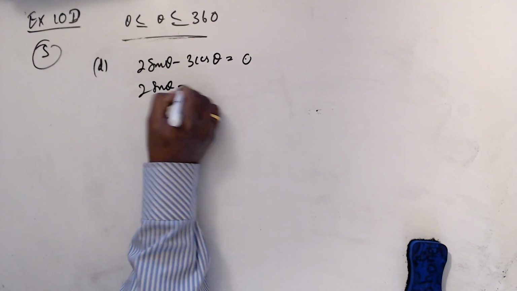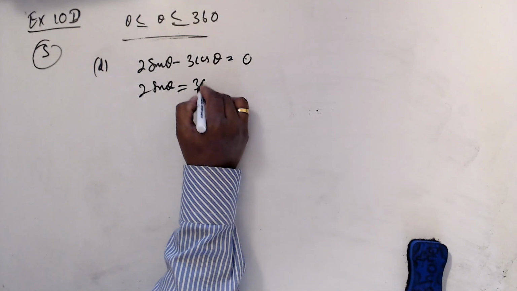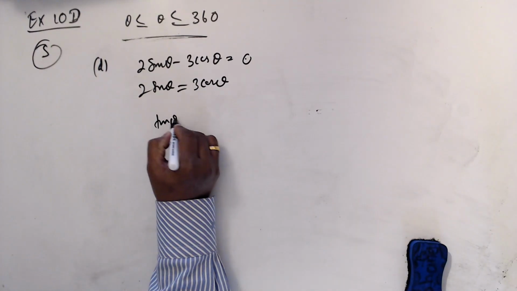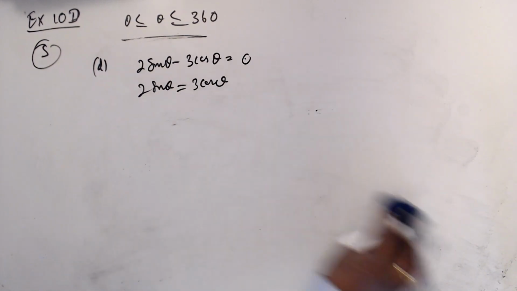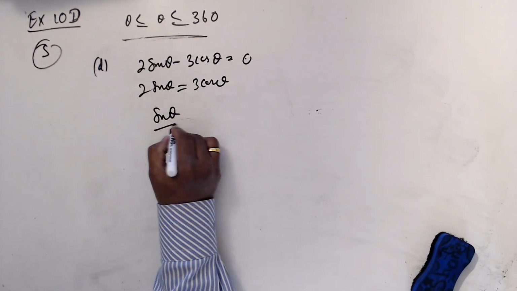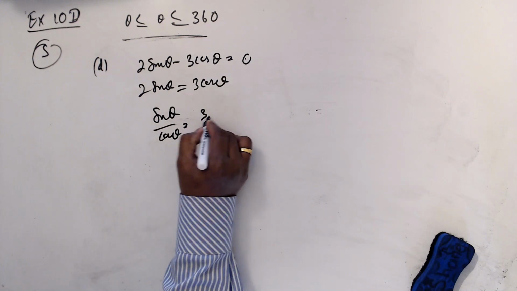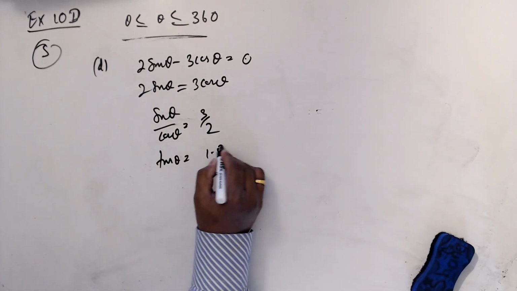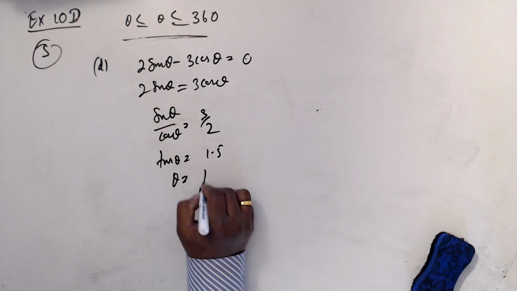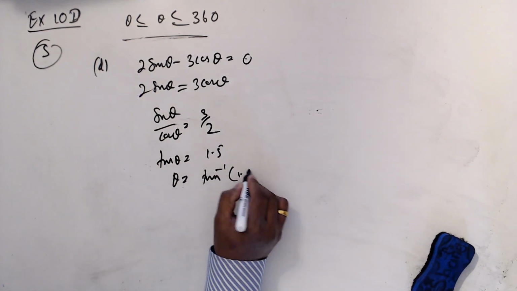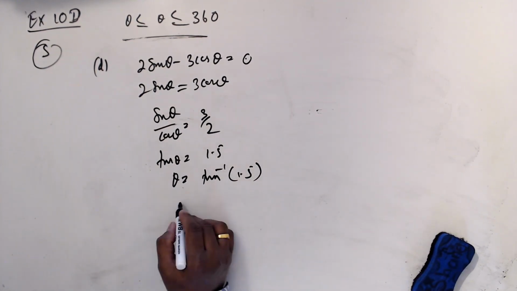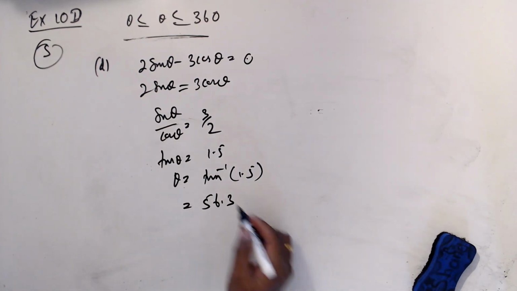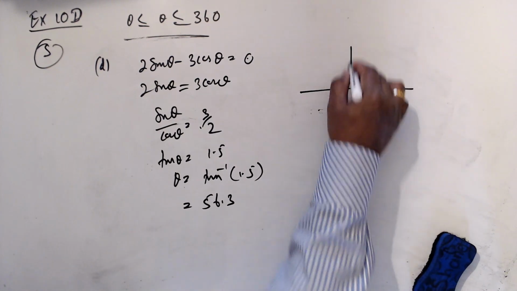2 sin theta minus 3 cos theta equal 0. 2 sin theta equal 3 cos theta. I'll take it to the other side. Then tan theta, sin theta over cos theta equal 3 over 2. Tan theta equal 1.5. Theta equal tan inverse 1.5. That is 56.3. So tan value is positive.